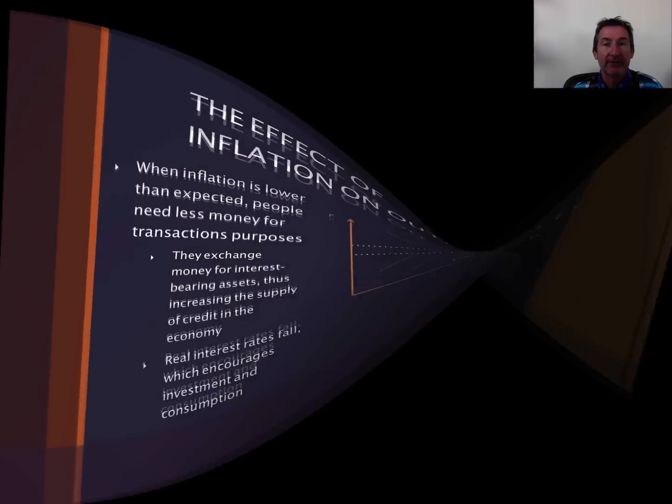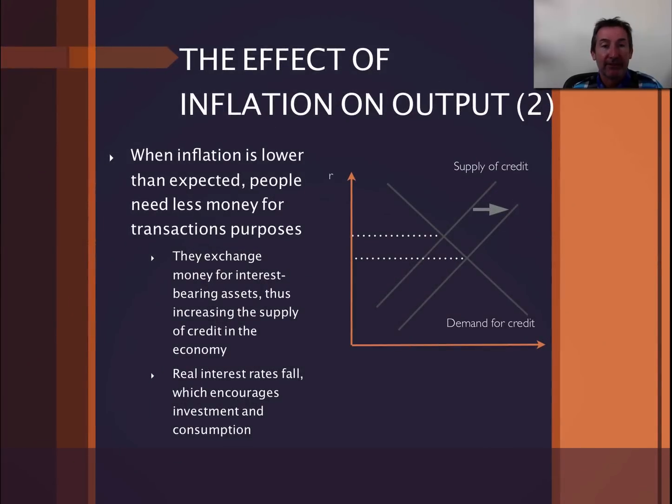The second reason that inflation affects the level of GDP is because people hold cash for transactions purposes. When inflation is lower than expected, people are going to need less money, less cash. This means they're going to tend to exchange money for interest-bearing assets instead. And this means that they are buying assets and therefore they are lending.